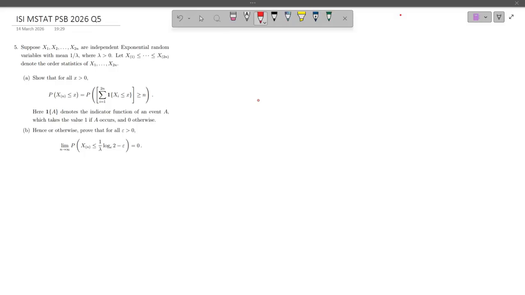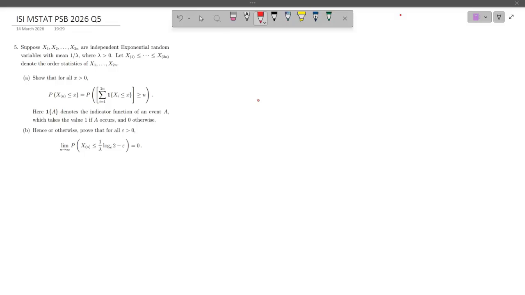So when we sum over all the observations, it counts the number of observations below x, and if that is ≥ n, we have the nth order statistic ≤ x. So I didn't have to write anything; just from the formula I can explain that P(X(n) ≤ x) = P(sum of indicators ≥ n).